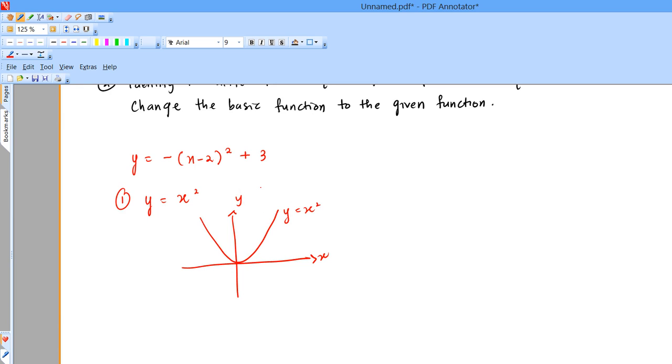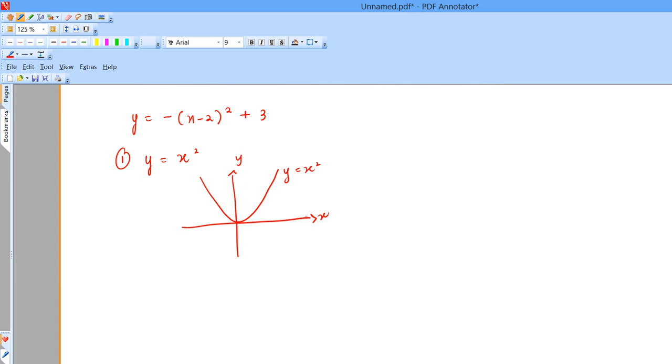Okay, for the second graph, I will sketch the graph of y equal to (x minus 2) square. When we have y equal to (x minus 2) square, it means we need to shift the graph to the right 2 units.